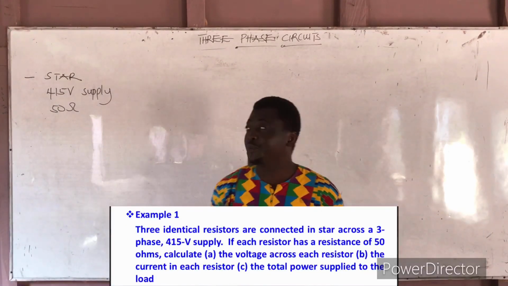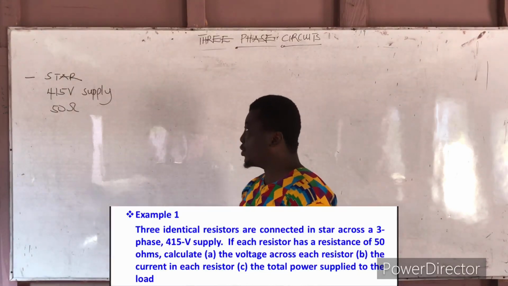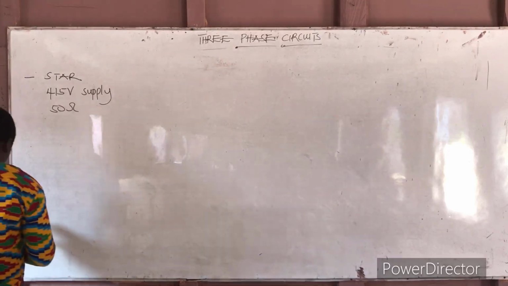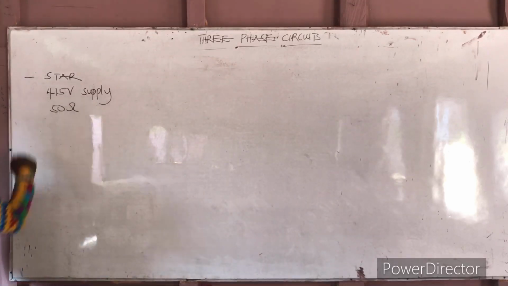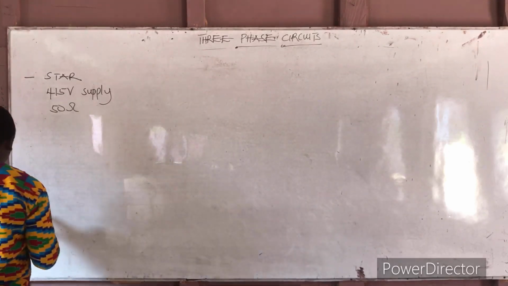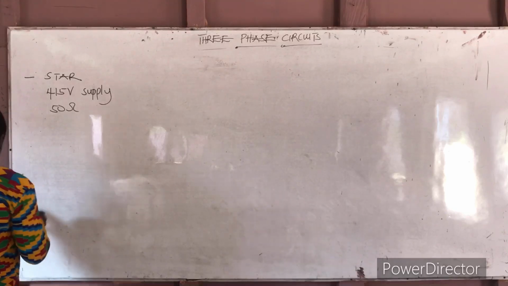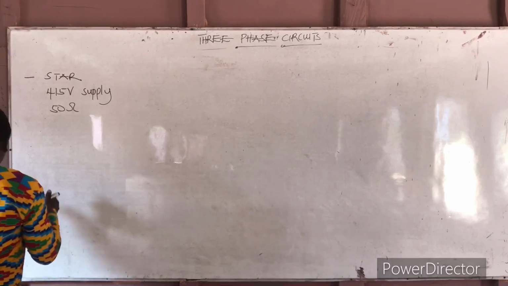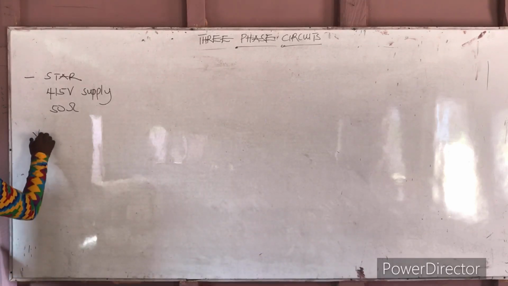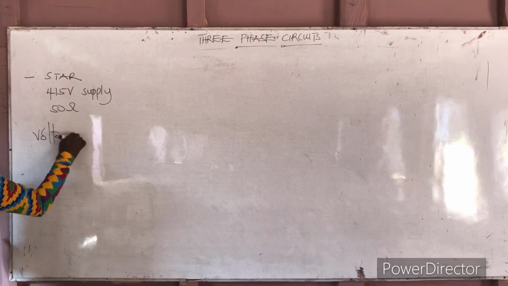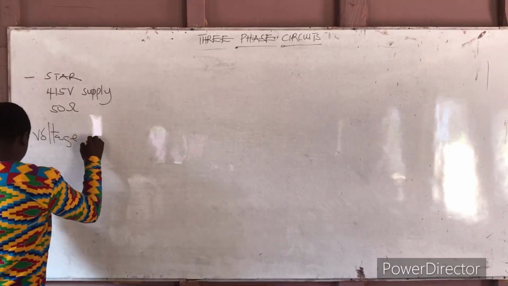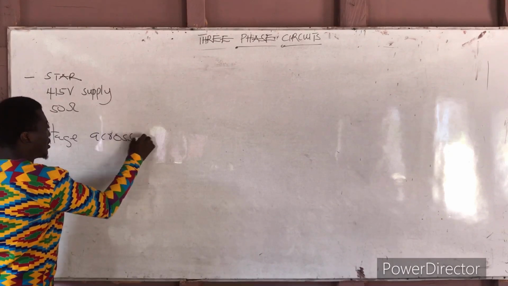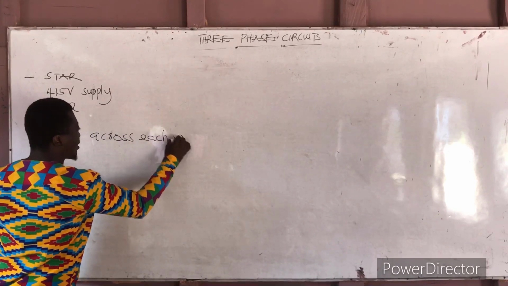Okay, so as we saw, the question told us that the connection is a star, the voltage supply is 415, and the resistance is 50 ohms. The first question wants us to calculate the voltage across each resistor.